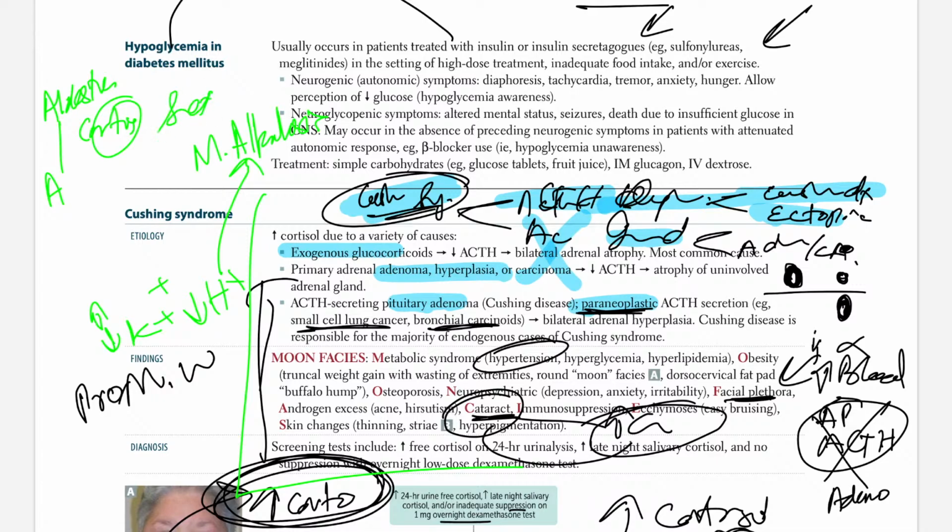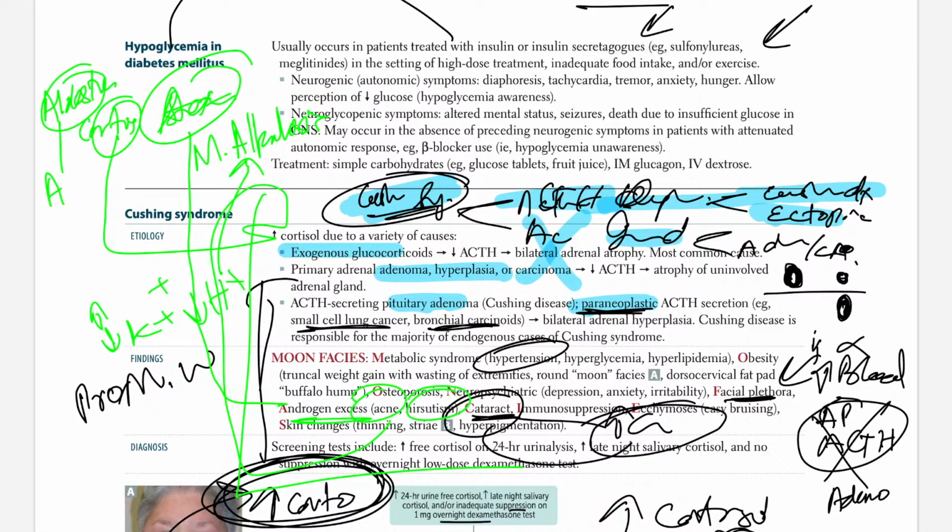So all of them are going to be there. For example, androgens: we are seeing androgenic excess causing acne, hirsutism, all that. With the cortisol, we're seeing all these symptoms, but with the aldosterone, we will also see an increase in sodium, decrease in potassium, decrease in hydrogen ions. That is going to cause metabolic alkalosis.